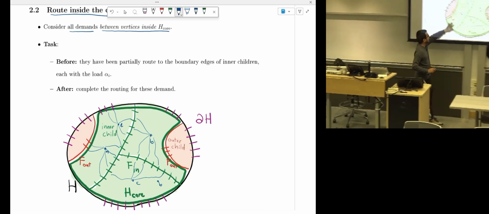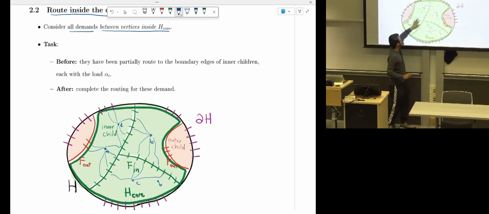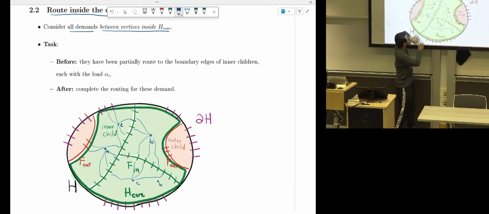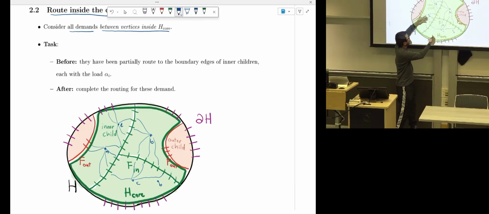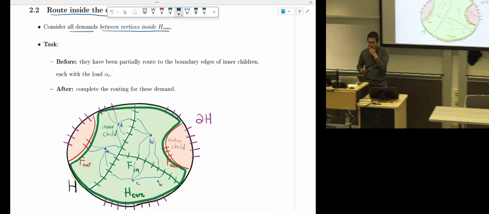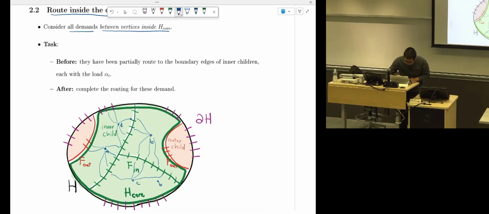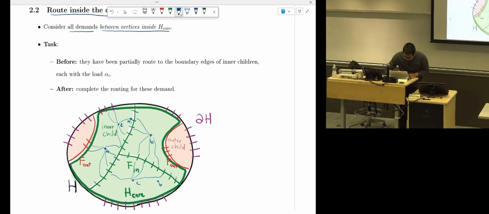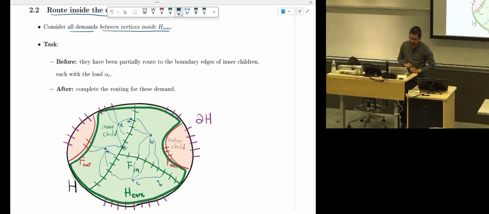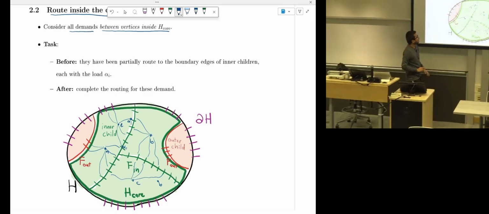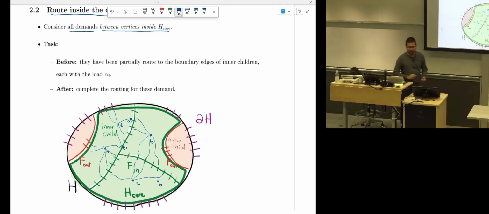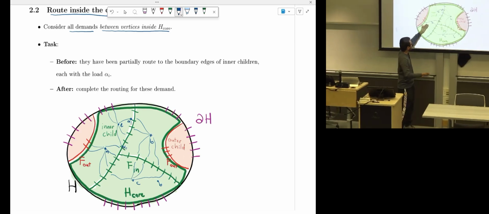Each of these inner children routes the flow path so far to an endpoint at its own battery. And each of these has load at most alpha I. Let's say we just want to finish the flow path. We want to finish this demand.